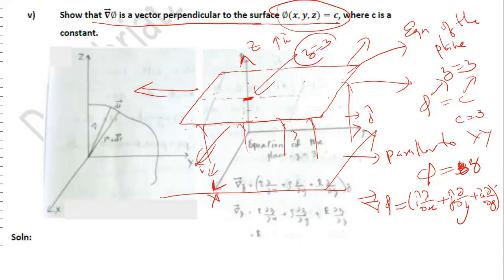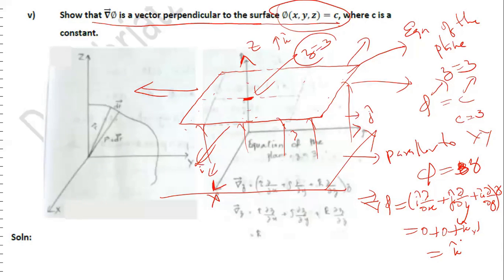Phi is z, right? So differentiation of z with respect to x is 0. Differentiation of z with respect to y is 0 plus k cap. Differentiation of z with respect to z is 1. So grad phi is equal to k cap.